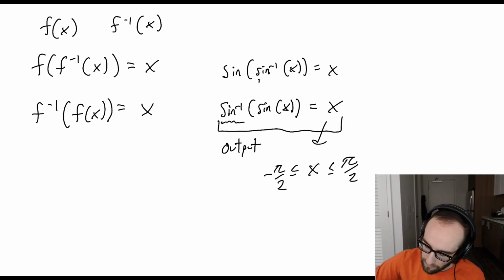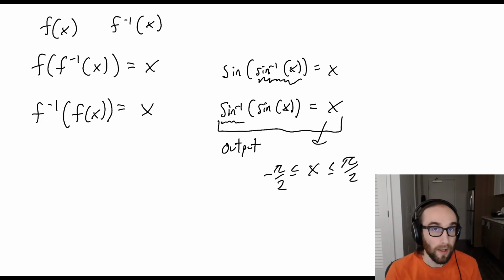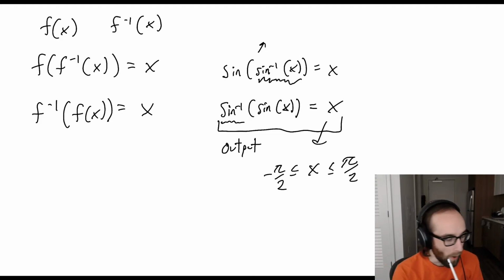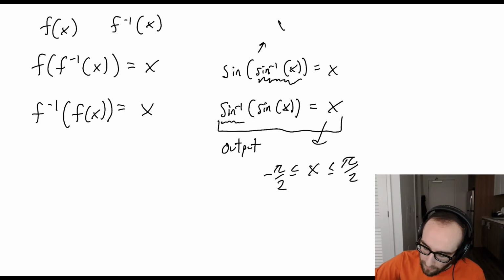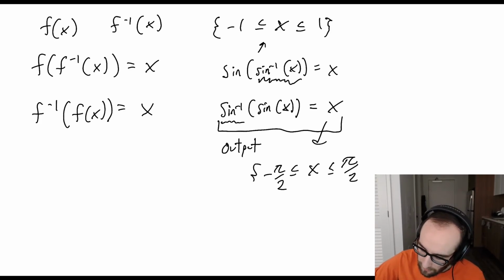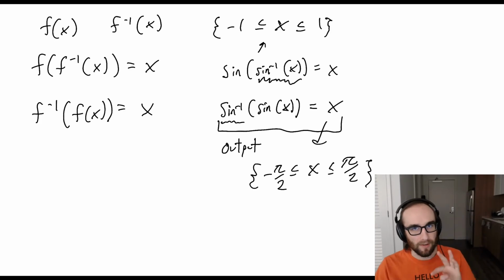Up here, the input has a restriction. Inverse sine, what we're plugging in, has a restriction. So we are looking at x values between 1 and -1. So there is just a restriction on the domain, even if they cancel each other out, just because we had to restrict domains in order to end up with functions for the trig function.